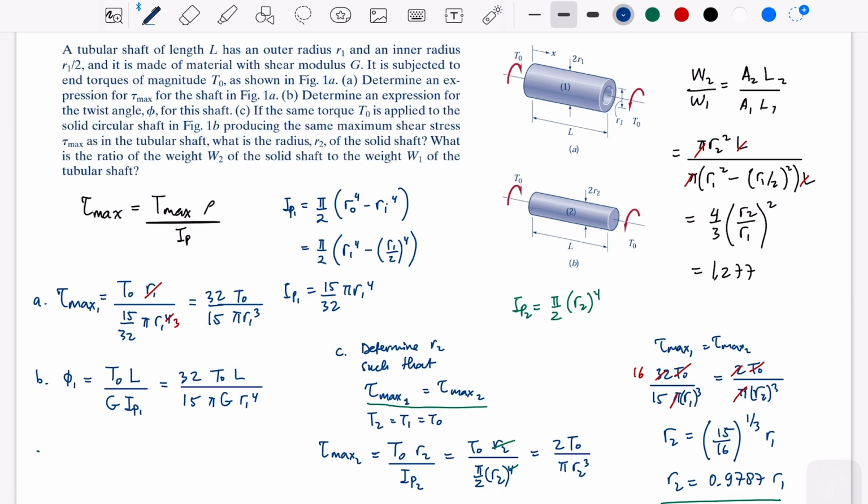So we have a homogeneous rod or shaft, a tubular shaft, and basically we are going to compute the inertia for both materials, the hollow shaft and the solid, and then we use it in our formula, and we get the tau, and then we get the twist angle.